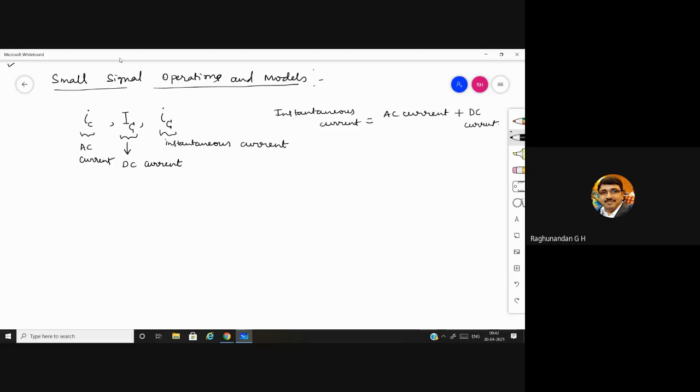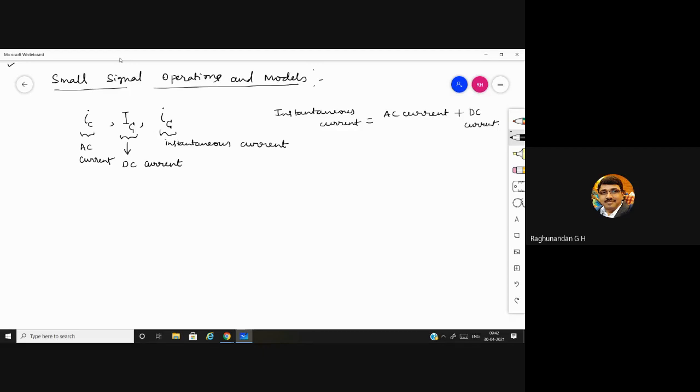We have simply said that IC is equal to beta times IB. But along with beta, there are different parameters in the transistor which have an effect over the output current, like the base emitter voltage and the transconductance of the transistor. So these are the different parameters which have an effect over the output.